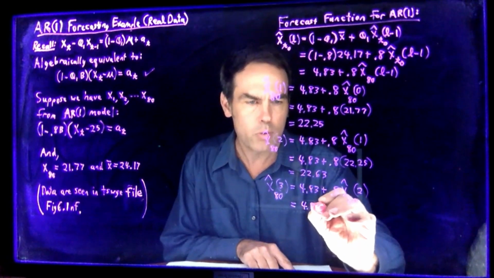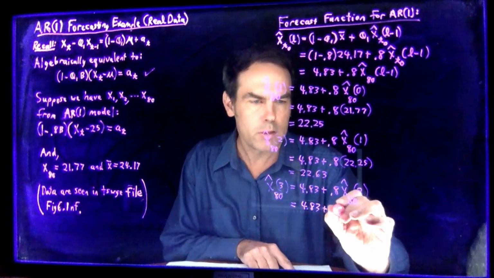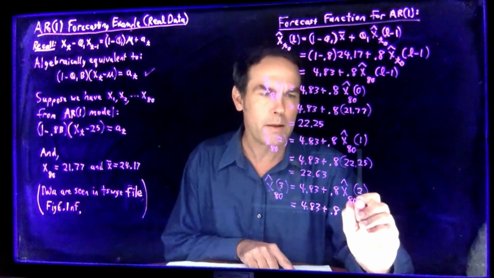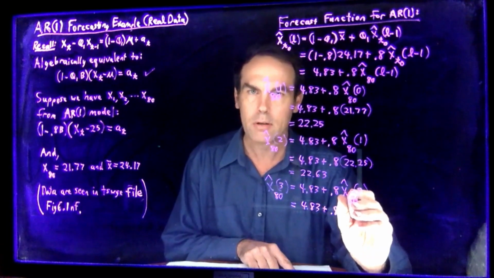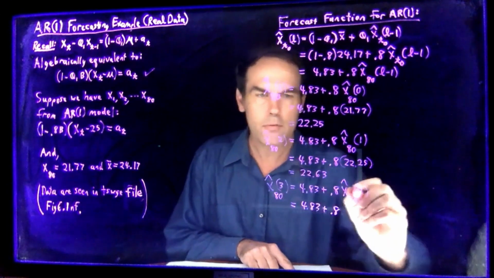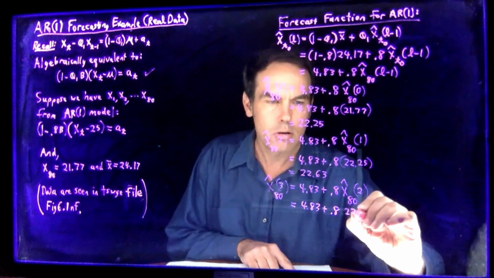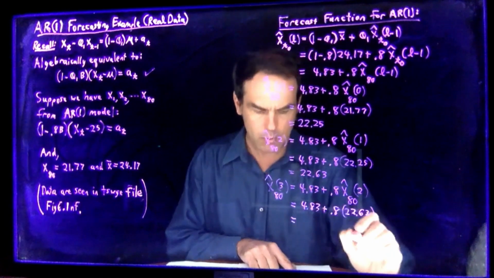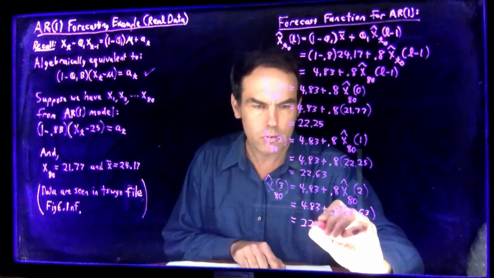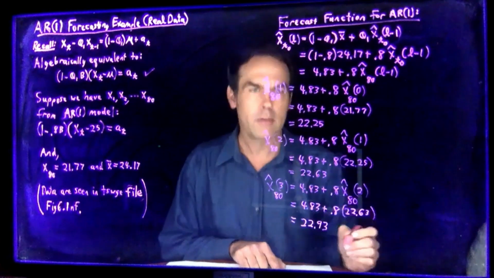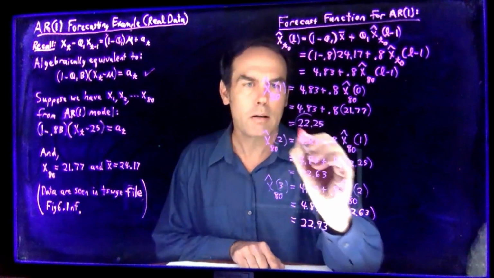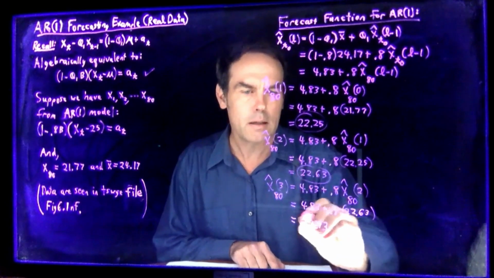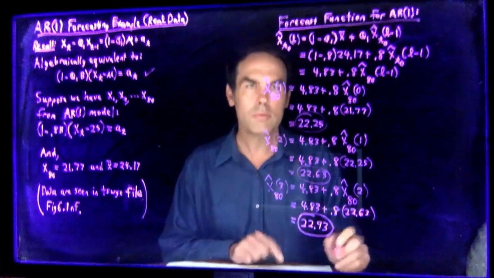That will give us 4.83 plus 0.8 times x hat of 80 of 2, the forecast for the 82nd value, which is given in the step before, of 22.63. And when we calculate that, we get 22.93. So these are our forecasts for the 81st, the 82nd, and the 83rd values.